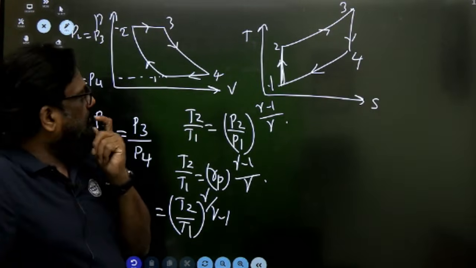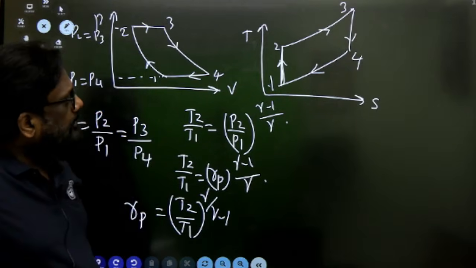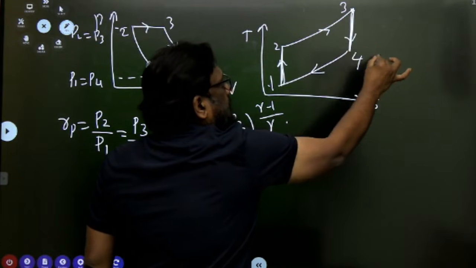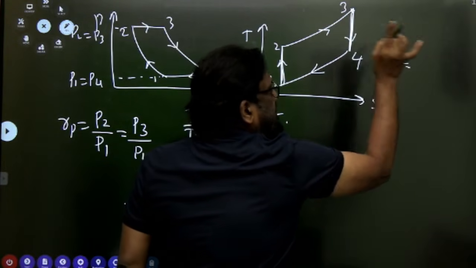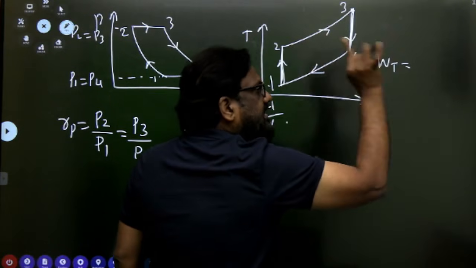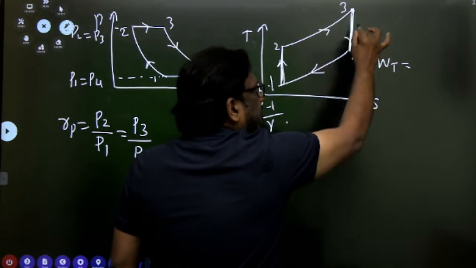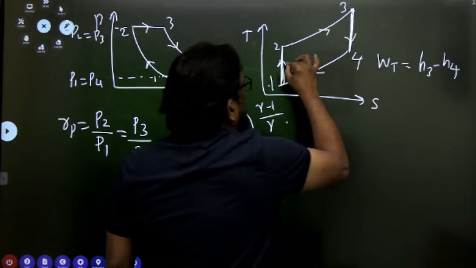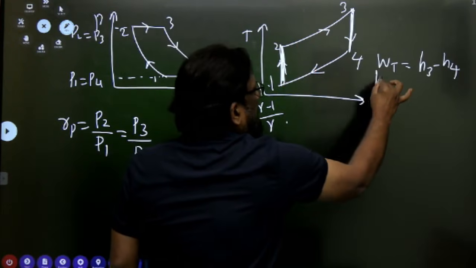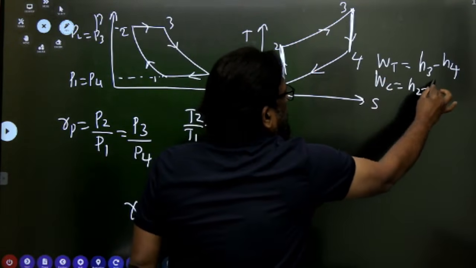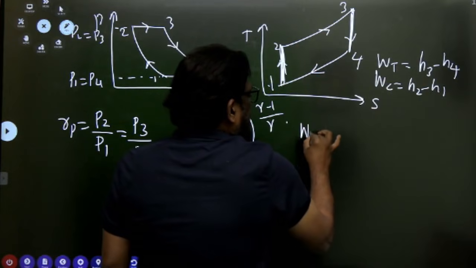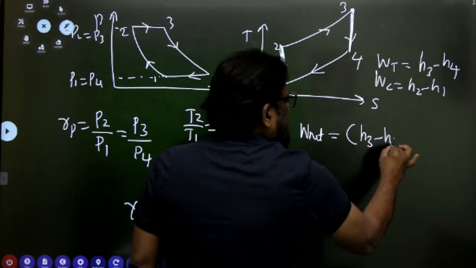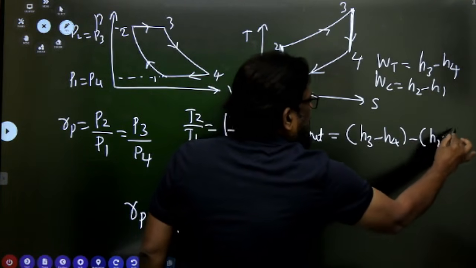How to find out maximum work output? Listen carefully, sir. In the turbine, you are getting work. If I apply the steady flow energy equation, neglecting kinetic and potential energy changes, the turbine work will be H3 minus H4. The compressor work is H2 minus H1. Therefore, the net work is turbine minus compressor, that is (H3 minus H4) minus (H2 minus H1).